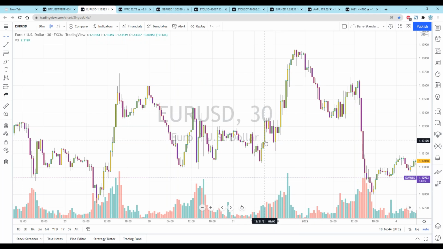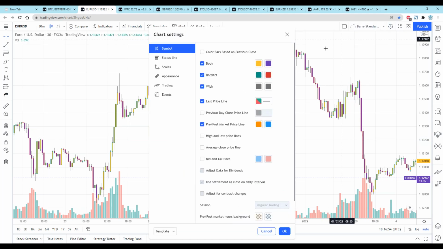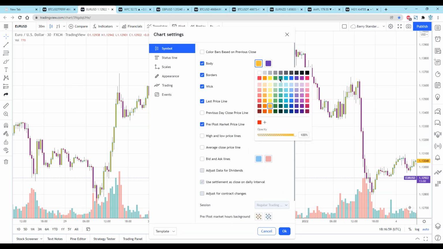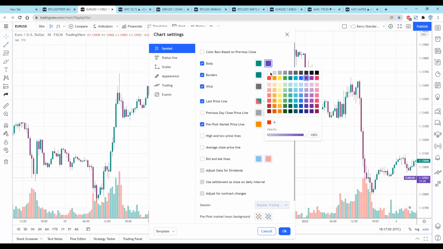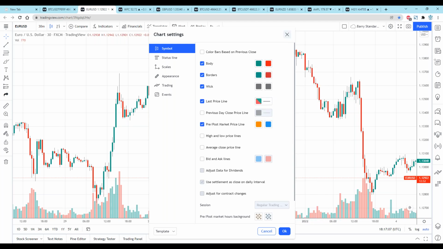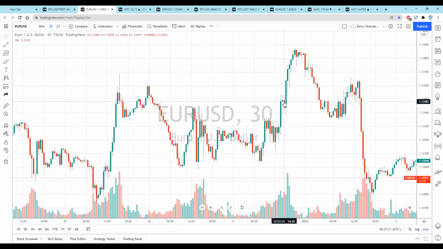Yellow and purple candles. As long as you know which color is bullish and which color is bearish, it doesn't make a difference. Actually, a lot of online brands set their candles up to match their company colors. It's not important as long as you know what's bullish or bearish.